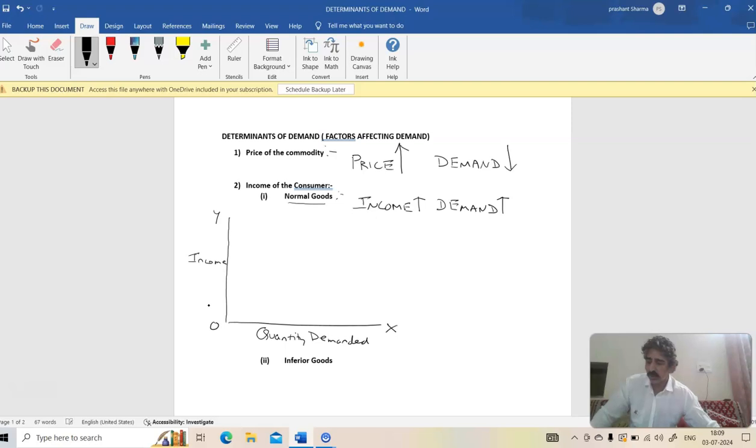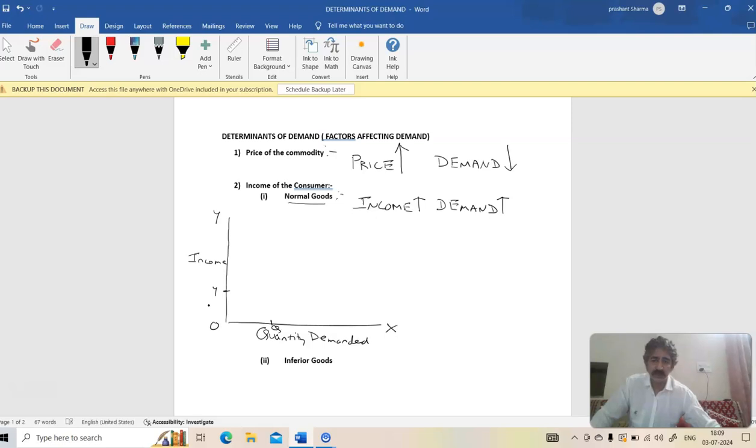Suppose the income of the consumer on the y-axis is at point y. At this point he's buying quantity q.